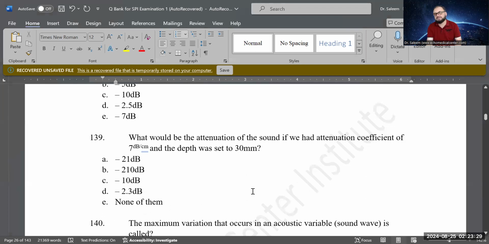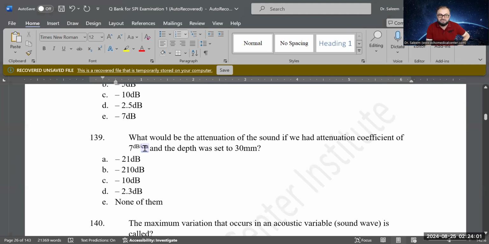Now, this question is asking what would be the attenuation of the sound if we had an attenuation coefficient of 7 decibel per centimeter and the depth was set to 30 millimeter. It's exactly the previous question, only the numbers changed, and there's one more thing changed. Remember, it says 30 millimeter. First of all, we have to convert millimeter to centimeter, because the coefficient has centimeter too.